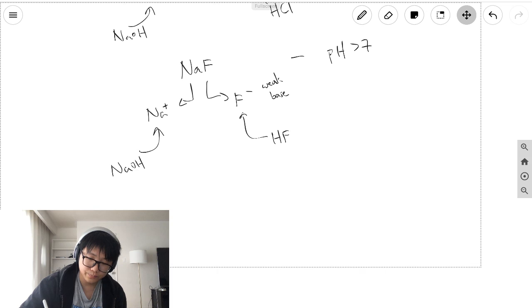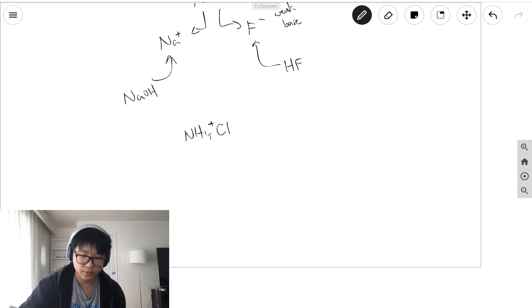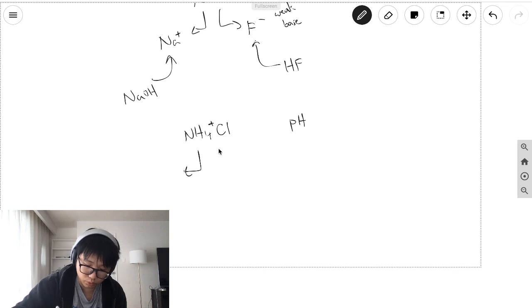Situation number 3 is if you have something like, let's say, what would come from a weak acid? So maybe NH4 plus. So NH4 plus, let's do Cl. NH4 plus Cl. Let's see what pH that would be.